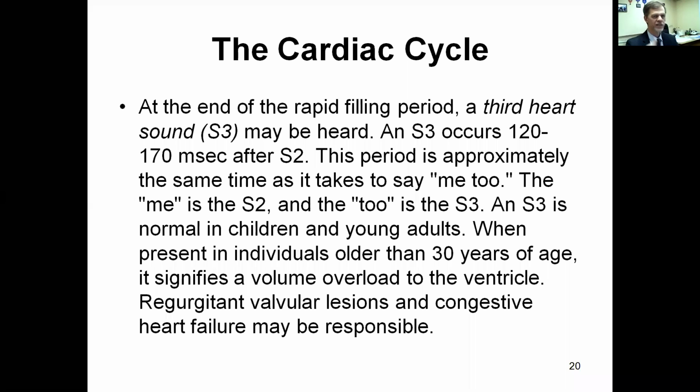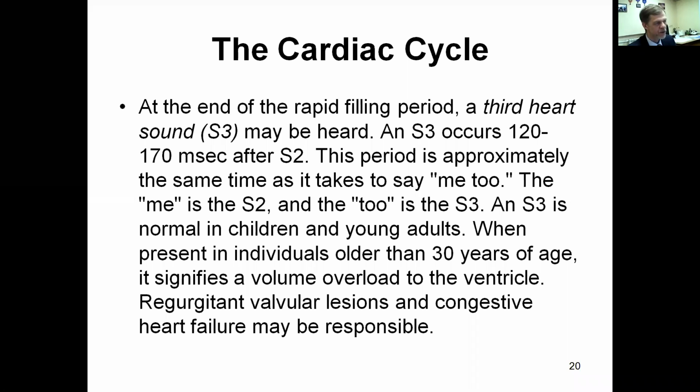You can hear some additional sound. Actually, there are 4 sounds, but usually only 2 are audible. But in some cases, the 3rd and 4th heart sounds become audible, and we can hear them as additional sounds.